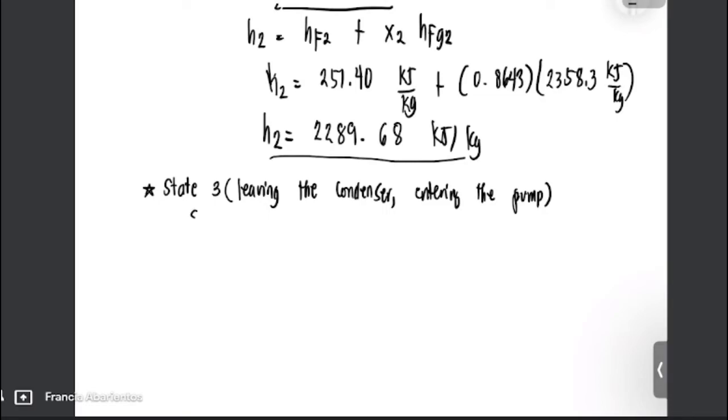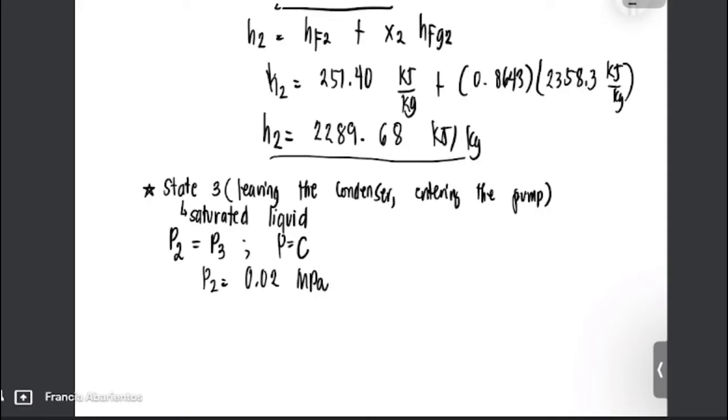Since we all know that from pressure 2 to pressure 3 is a constant pressure process, yun po yung magiging basehan natin. Yung pressure 2 natin is 0.02 MPa. So, our pressure 3 is also equal to that.